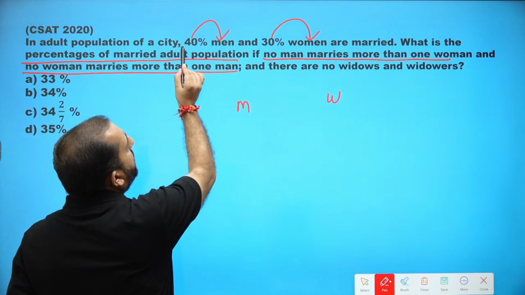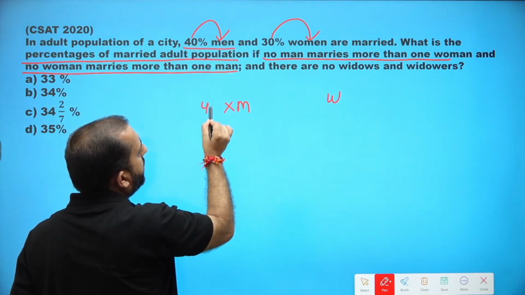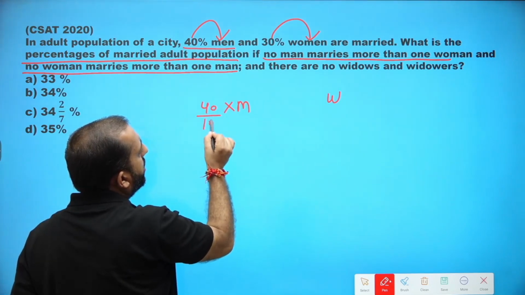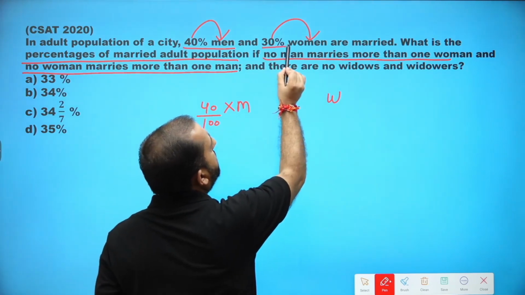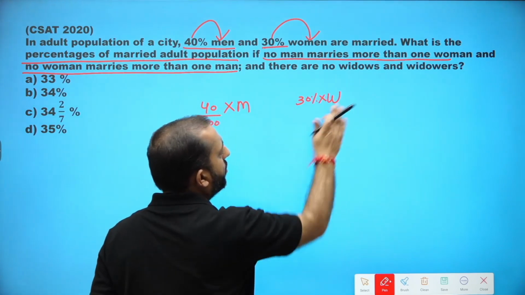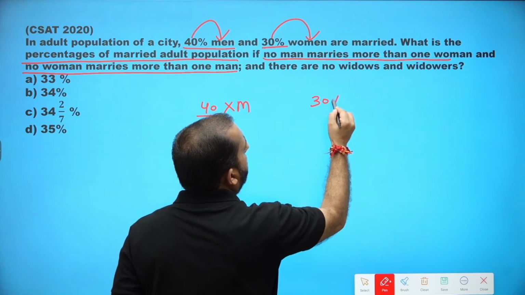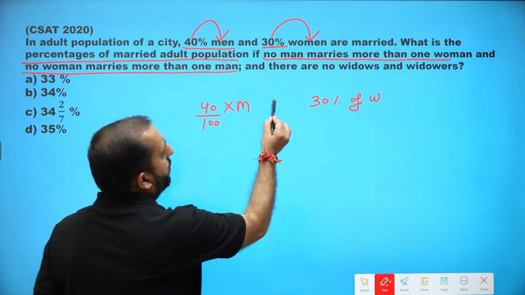Now we know how many men are married. 40% of them are married, meaning 40 by 100 of M are married. And how many women are married? 30%. So 30% of W are married. Now they must be equal. Why?